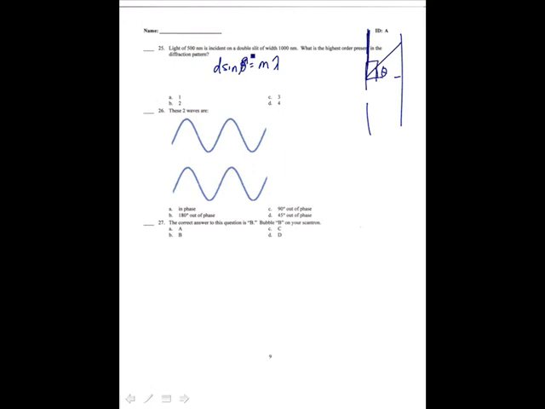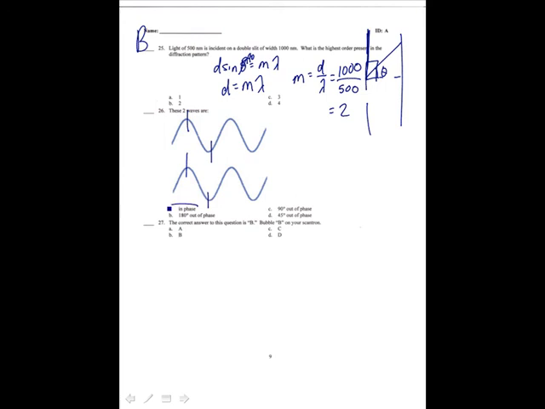So this becomes 90, and the sine of 90 is just 1. So d is equal to m lambda. We want to know what is m. So that's d over lambda. d is 1000, lambda is 500, so 1000 over 500 equals 2. That's B.